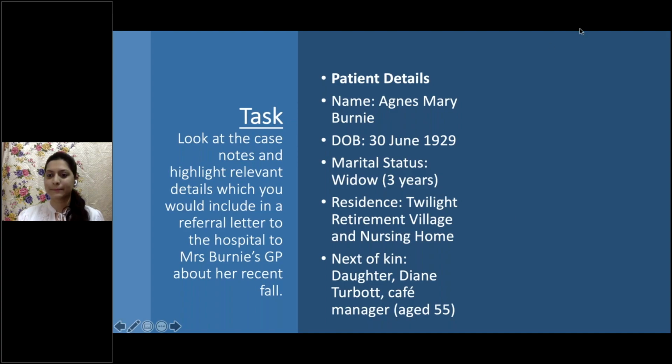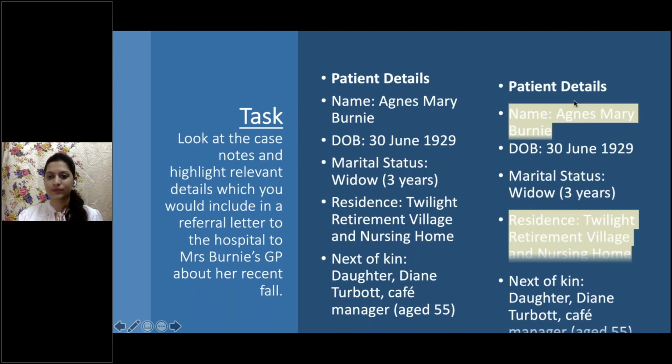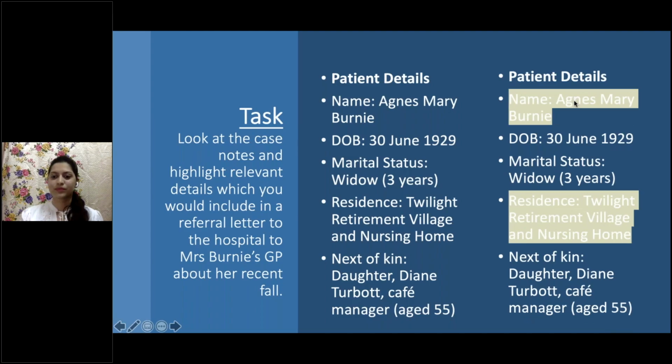Let's take a look at the answer. To the person who said name, DOB, and residence, yes, you've got it right. I'm sorry, I haven't been able to highlight the date of birth, but yes. You need to include the name, the date of birth, and the residence. DOB usually comes in the reference, so you don't have to write it again.